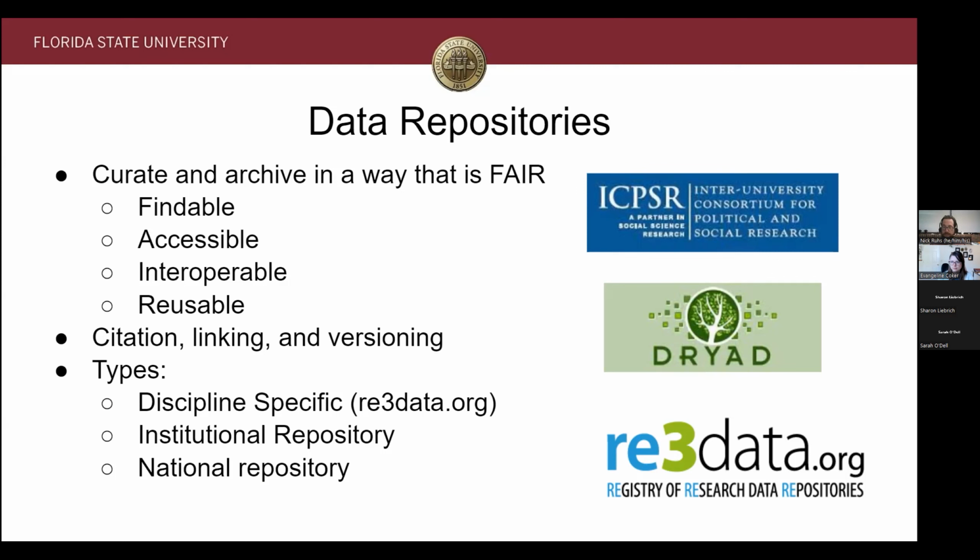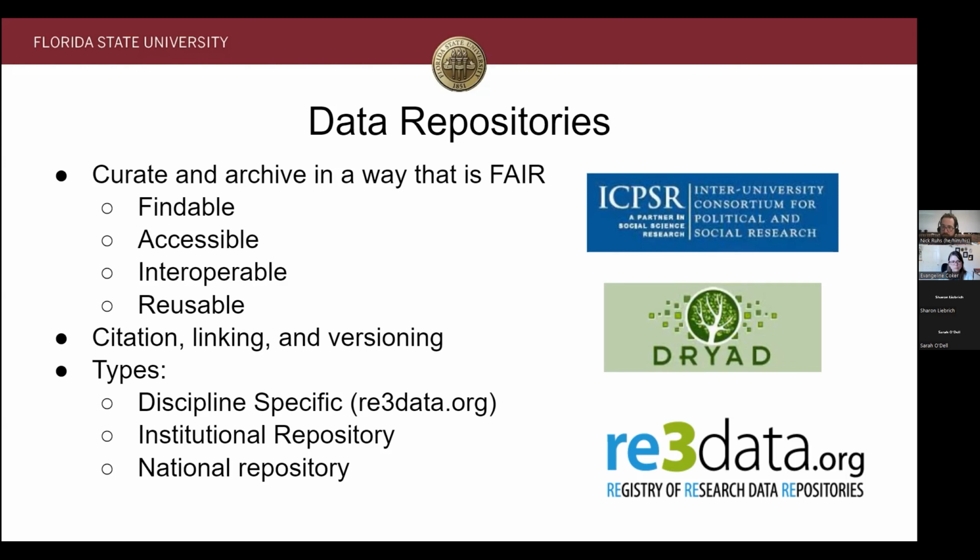There are a few different types of data repositories, and I'll briefly cover what those are. There are discipline-specific repositories, such as ICPSR, which is the Inter-University Consortium for Political and Social Research. It's a social sciences data repository. Dryad is another common repository for biomedical related research, amongst many others.